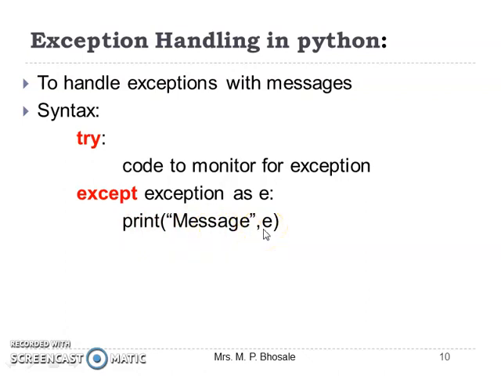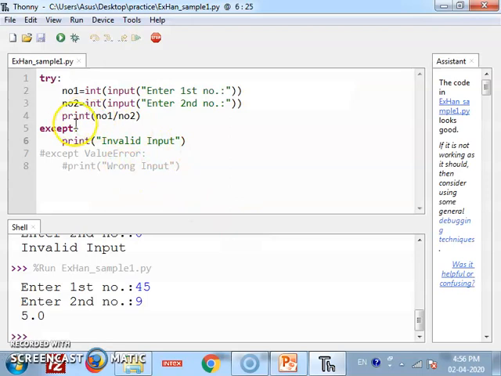Let us try this. Suppose in this example I write ValueError as v, and here I am printing just v. Here I am commenting the example.